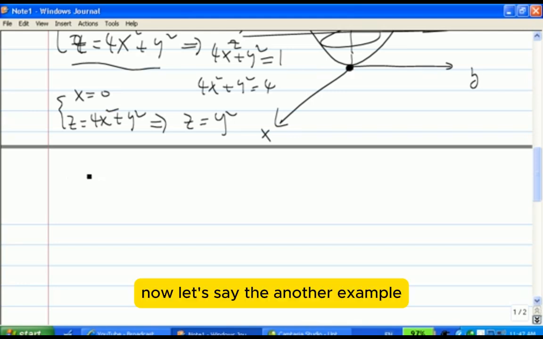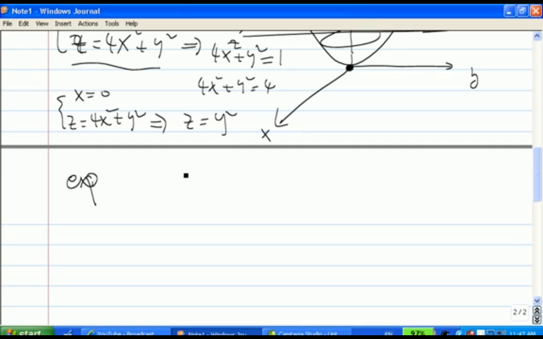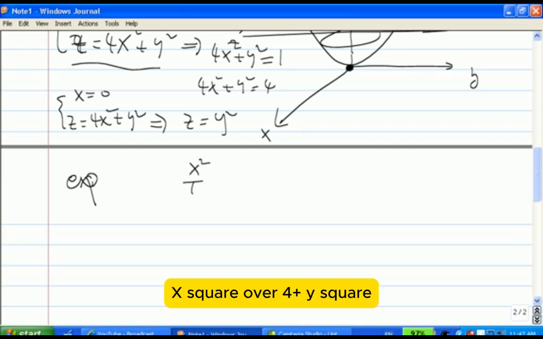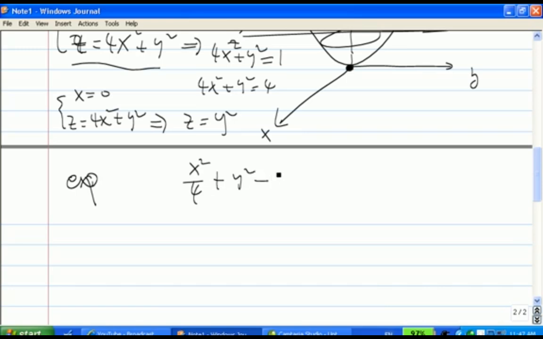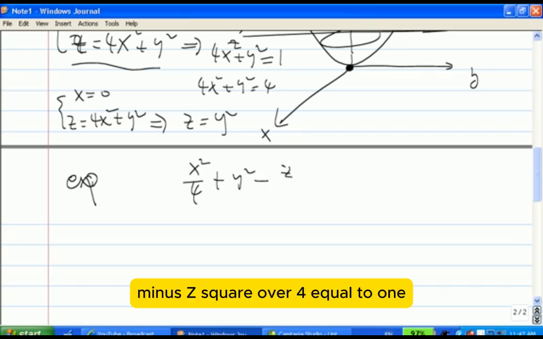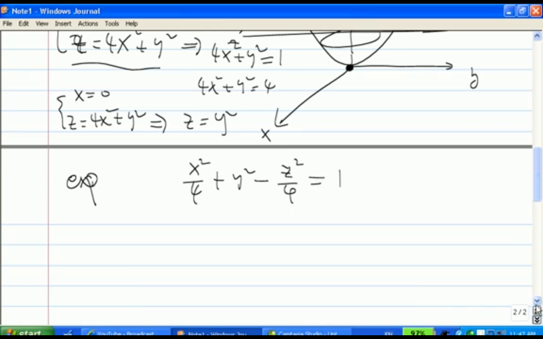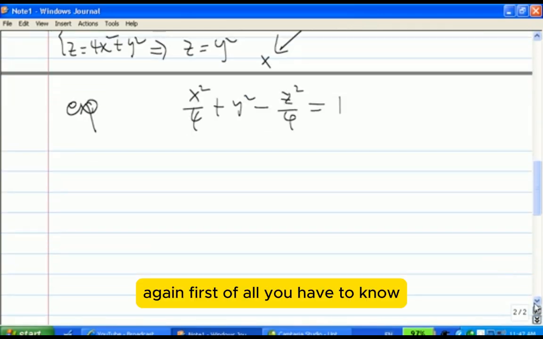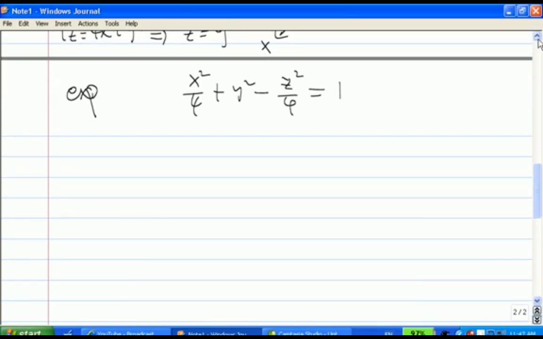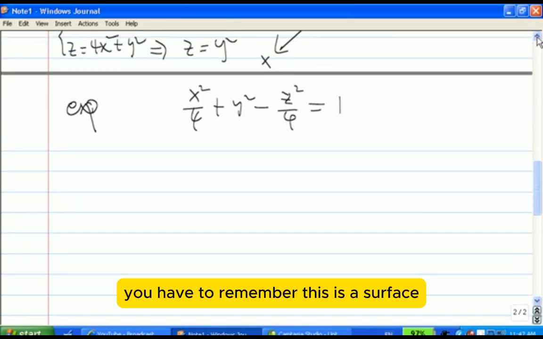Now let's see another example. x squared over 4 plus y squared minus z squared over 4 equal to 1. Again, first of all, you have to remember this is a surface.